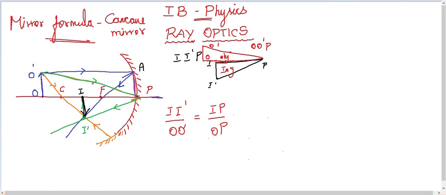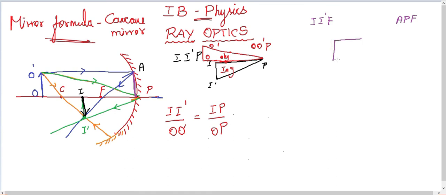Now I am going to take another two right angle triangles. Look here, the other two right angle triangles. The first one is I dash F, and another one is APF. Let me draw those two triangles separately.